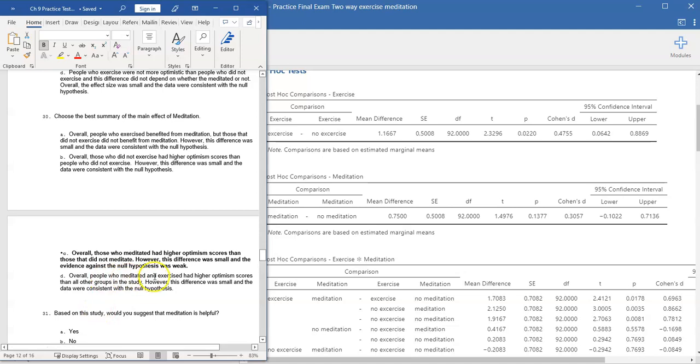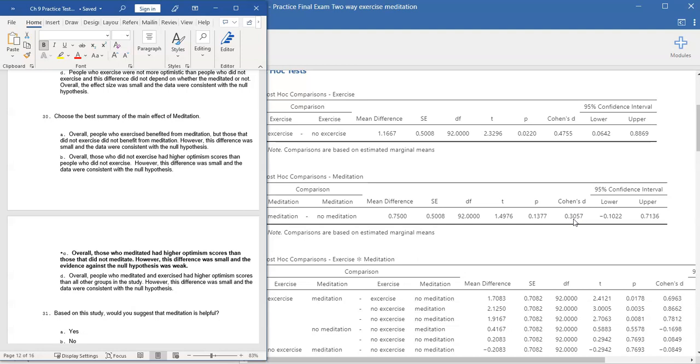So overall, those who meditated had higher optimism scores than those who did not. However, this difference was small and only had weak evidence against the null hypothesis. You could look at this and say the effect size is smallish, and maybe that's a large enough effect that you have interest in it. Maybe it's important.